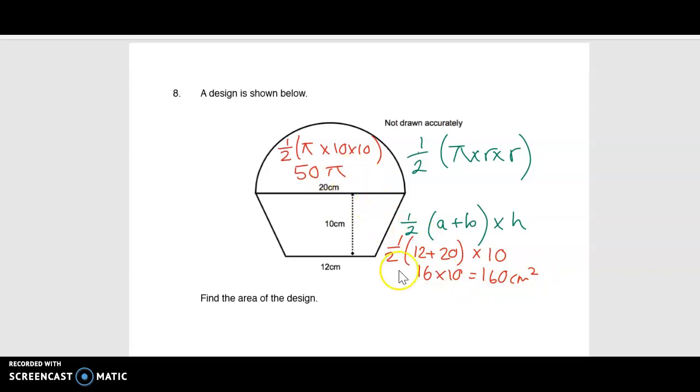So we need an overall answer, so I can put these in the calculator. So I can do 50 pi plus 160, which if you work that out, gives you 317.08 centimetres squared, to 2 decimal places.